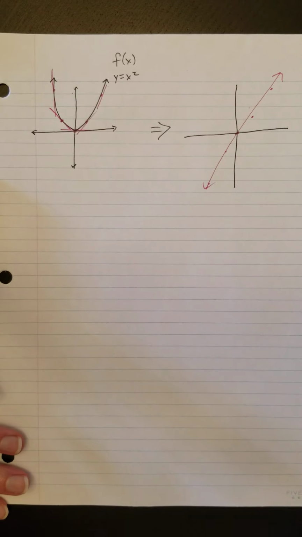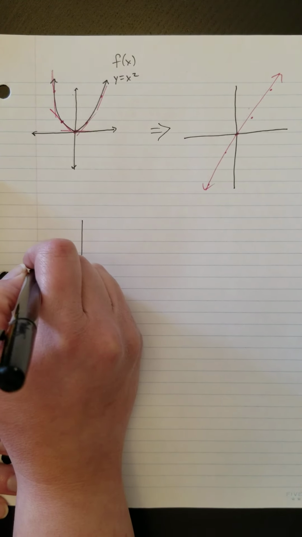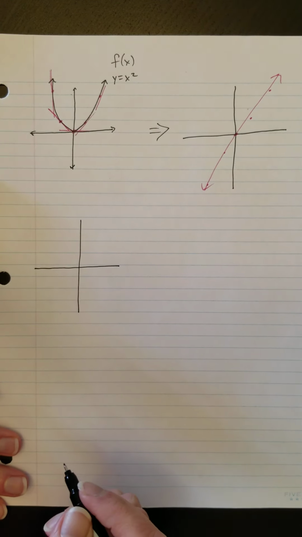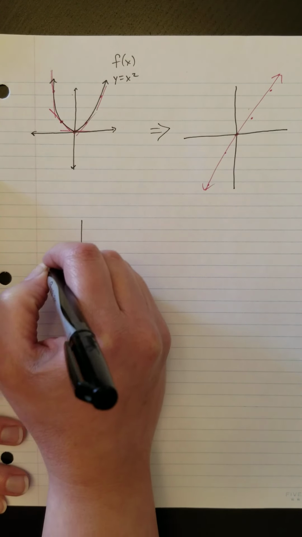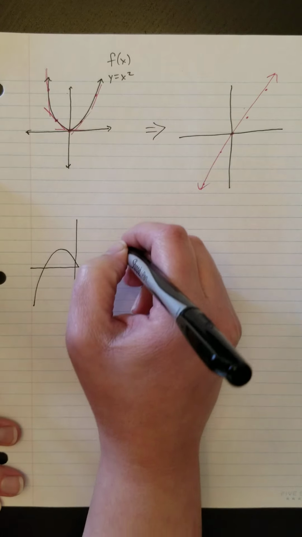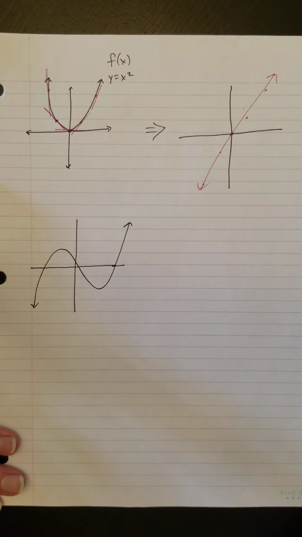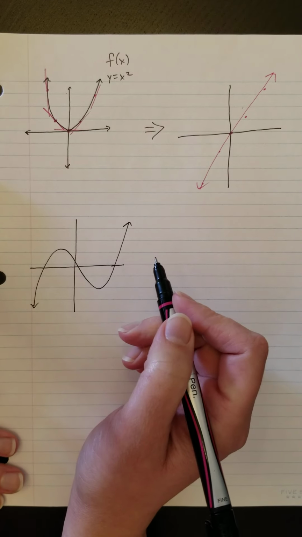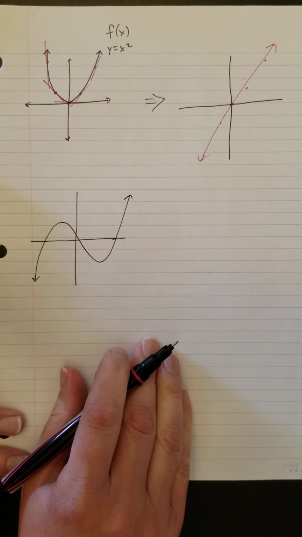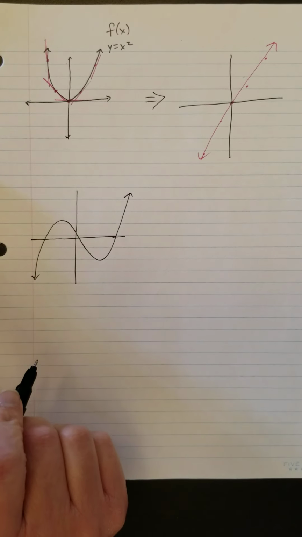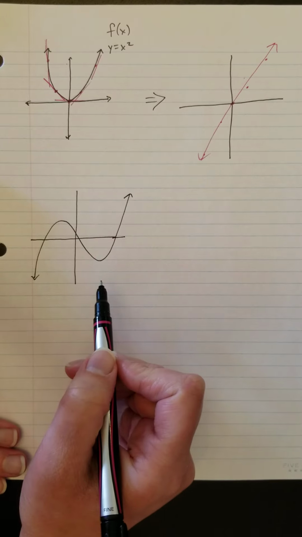We can see other examples, and I really think that this is a good exercise to go through and think about what the shape of the derivative of different functions might be. So here I have a general cubic graph, and I'm very intentionally not putting any scale on this, but what would we know about the derivative of this function?